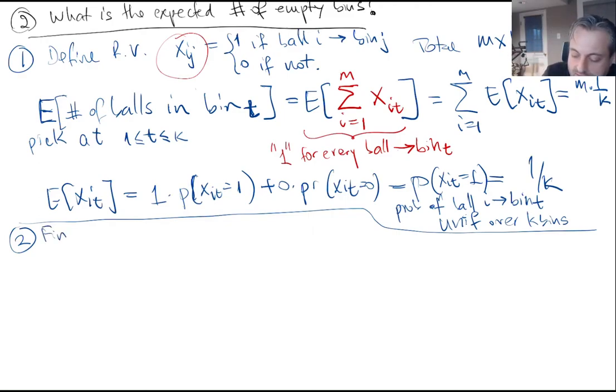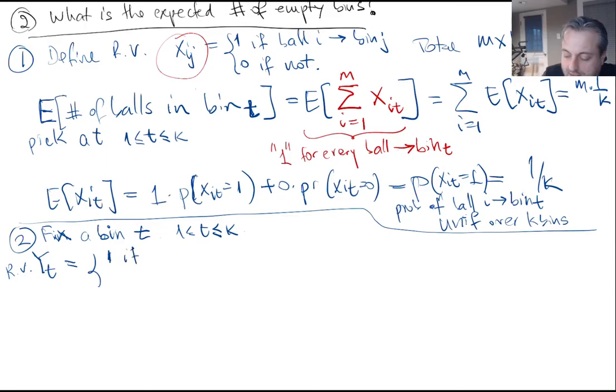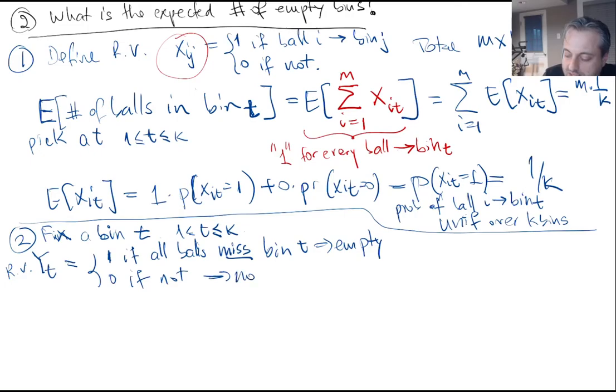So we fix a bin, call it t, like before, so 1 smaller than t smaller than k, and then let's say yt is a random variable that is 1 if all balls miss bin t, and that means, of course, that it's empty, and 0 if not, which means not empty.